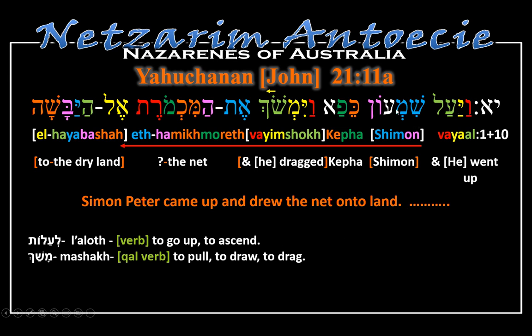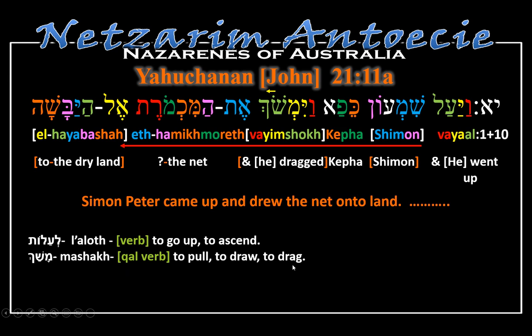And then we have Shimon, so and he went up, Shimon. And then we have Kepha, which is Peter. Vayim Shok, and he dragged. If we look down here, we've had that before. Mashak is a kal verb to pull, to drag, to draw.